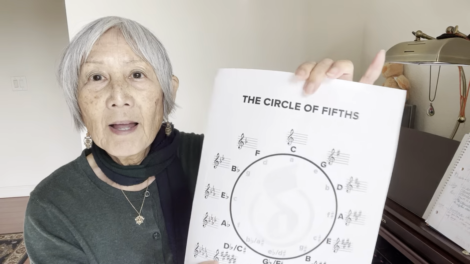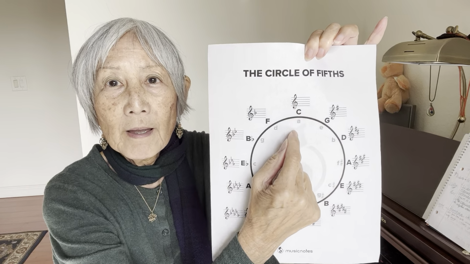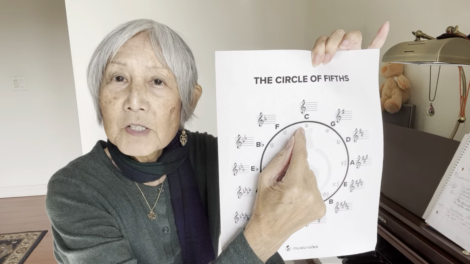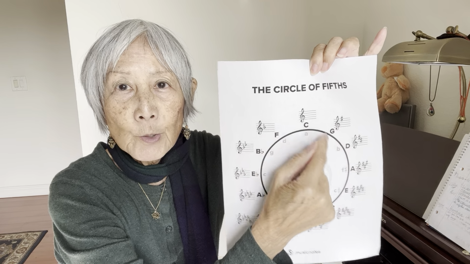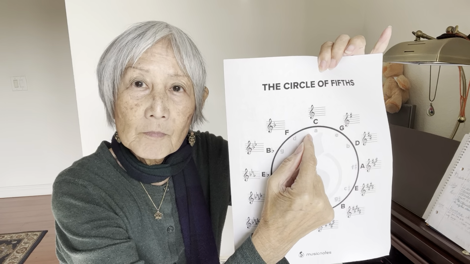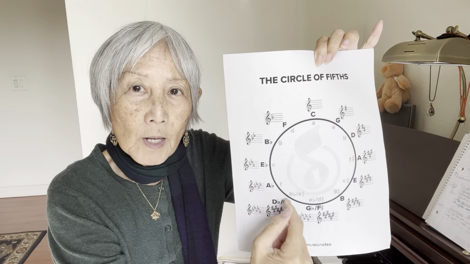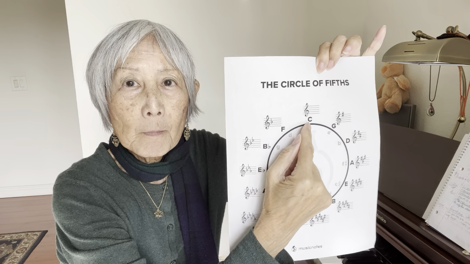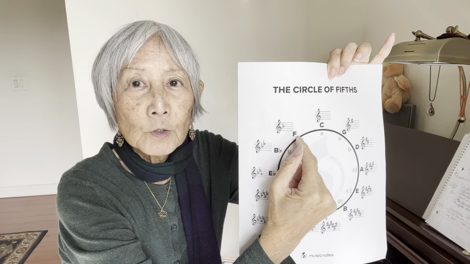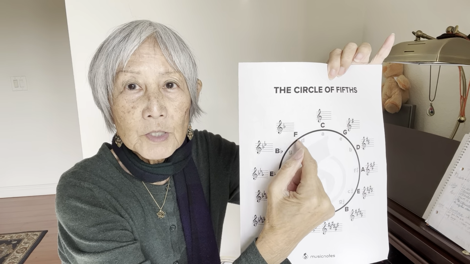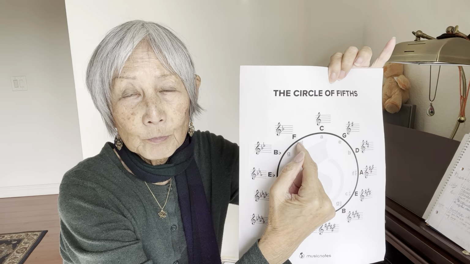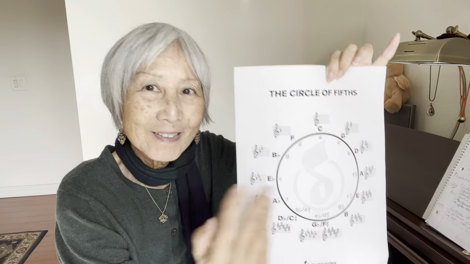Okay, so at the top, we have the key of C, which has no sharps or flats. And then if you go clockwise around the circle, the intervals between these are a fifth, which is the circle of fifths.